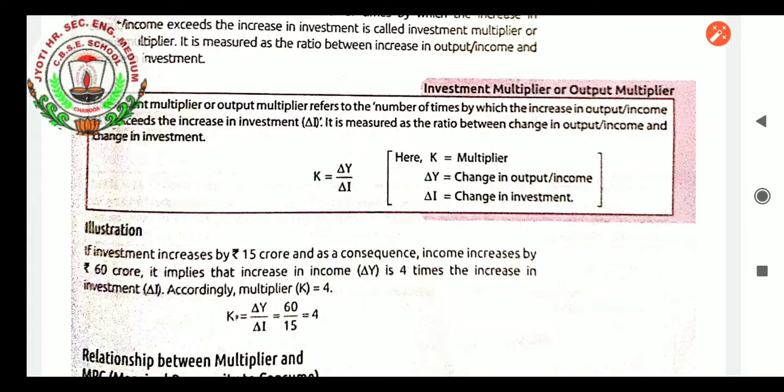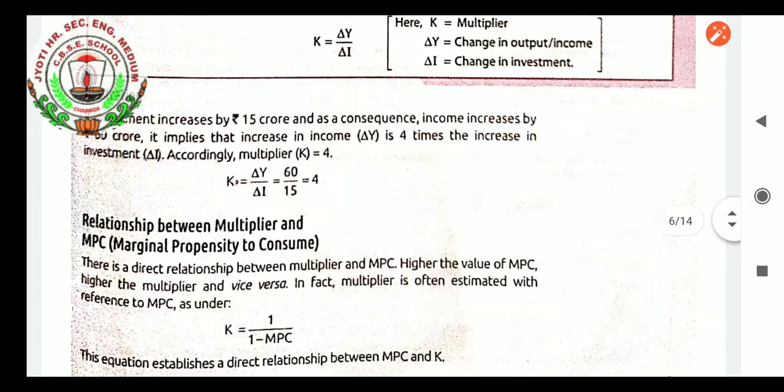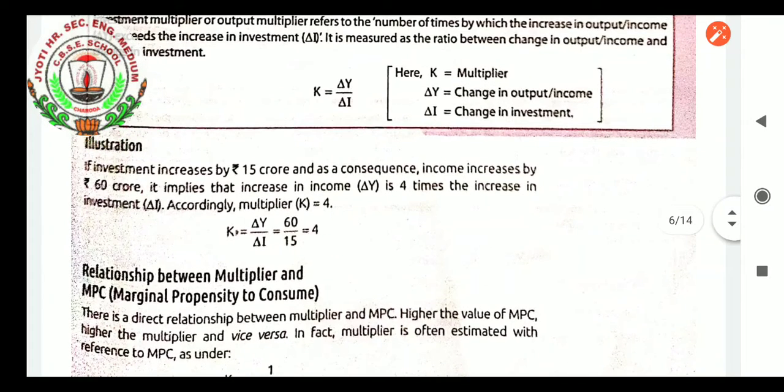Accordingly, multiplier K equals 4, where K equals delta Y divided by delta I equals 60 divided by 15 equals 4. Income has increased 4 times compared to investment. This example shows how much the investment is multiplied according to the income increase.